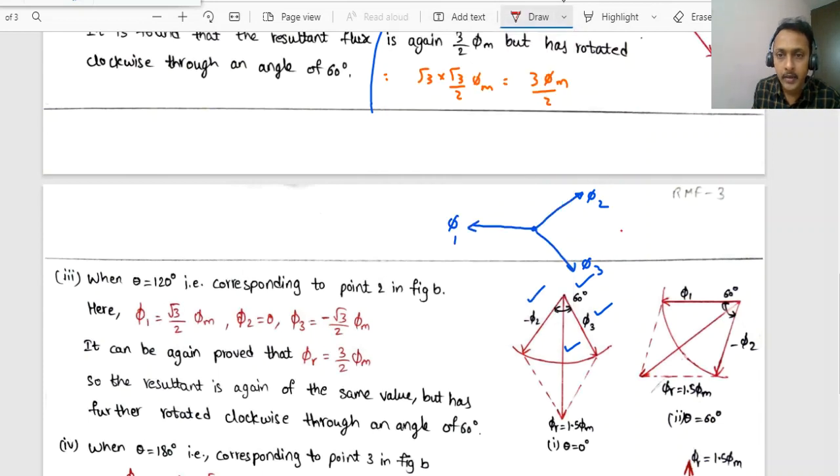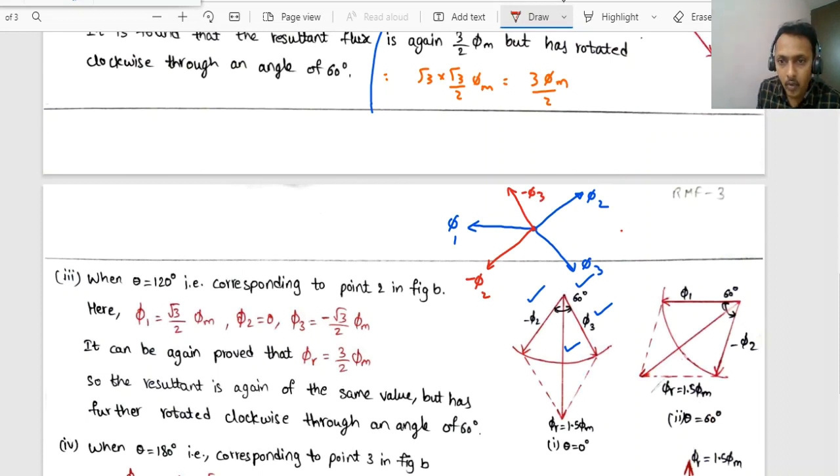So how do you understand that? If this is phi 1, it's quite opposite. Now this value will be minus phi 2, and it's quite opposite, anti-parallel. This value will be minus phi 3, right?